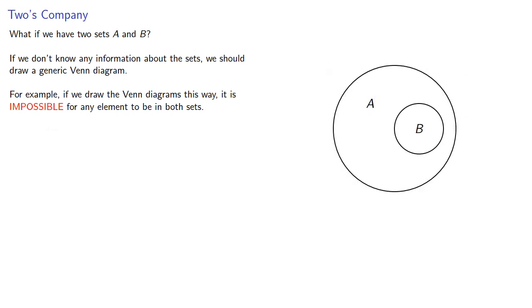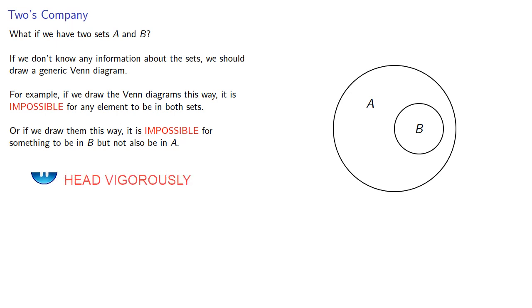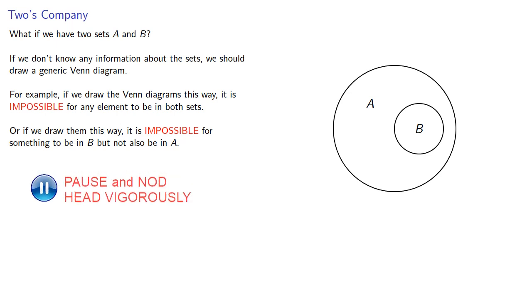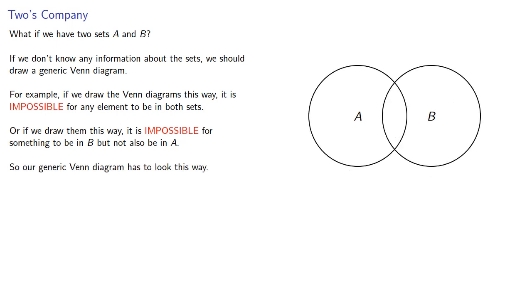If we draw the sets this way, then again, it's impossible for something to be in B, but not also at the same time be in A. And again, we can't guarantee that, so we don't want to draw the Venn diagram this way either. So our generic Venn diagram has to look like this.